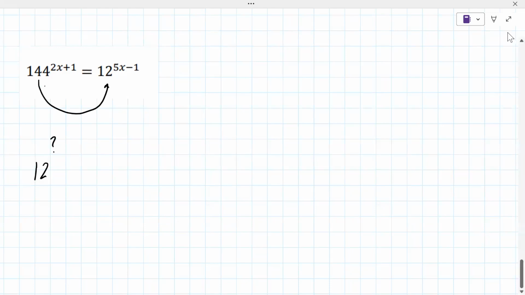Yeah, 12 to the second power. Okay. So it would be 2 times 2x plus 1 then. Yes.